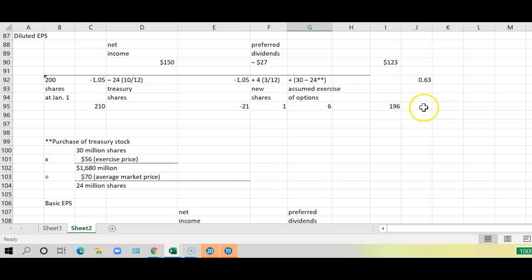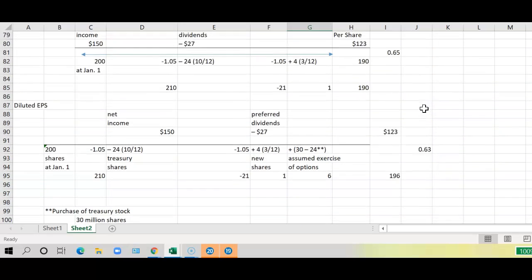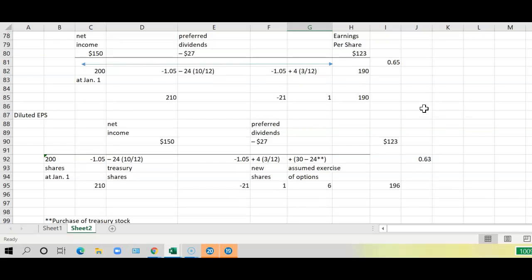So their diluted earnings per share is 63 cents. We compare that to the 65 cents for the basic, and it meets the criteria that the diluted must be less than the basic earnings per share calculation, and that would be reported on the financial statements as the earnings per share.